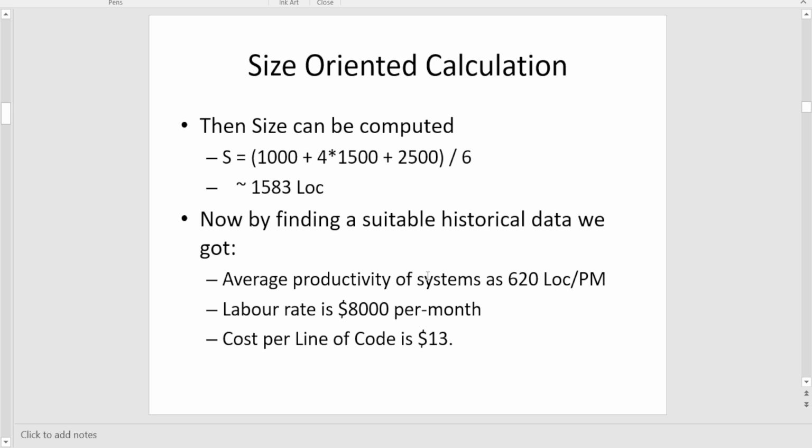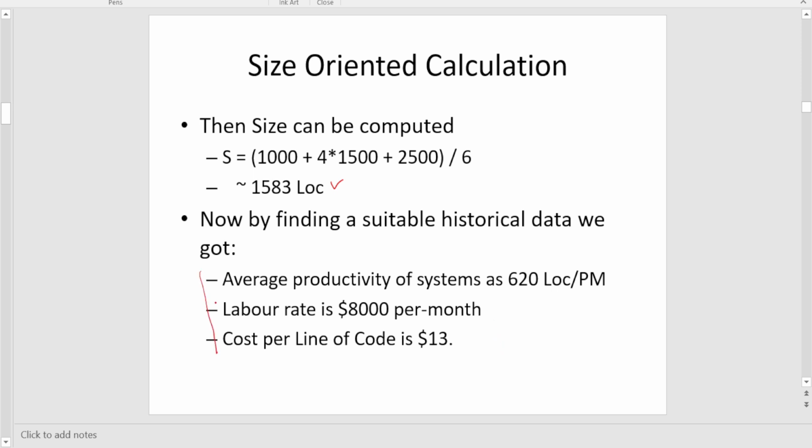Eventually I will have some historical data, and the data says the average productivity of the system is 620 LOC per person month, the labor rate is 8000 per month, and the cost per line of code is 13. This is the LOC value that is given to you, and these are the past historical data values.